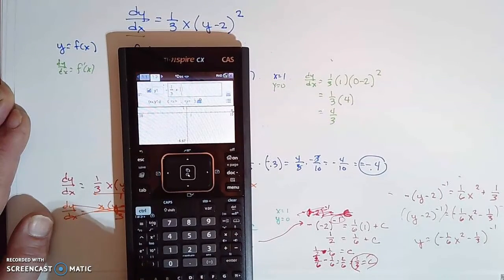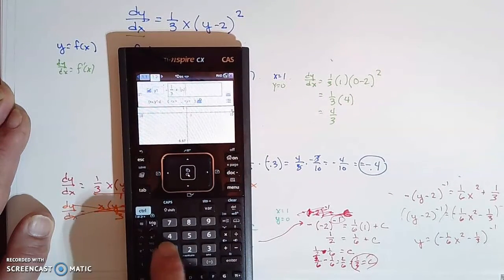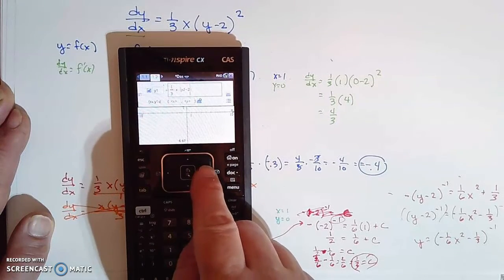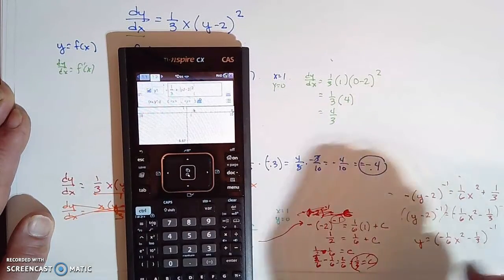Here's the only trick on these problems: if it says y1 on there, you have to put y1 minus 2, close parentheses, squared. Hit enter.